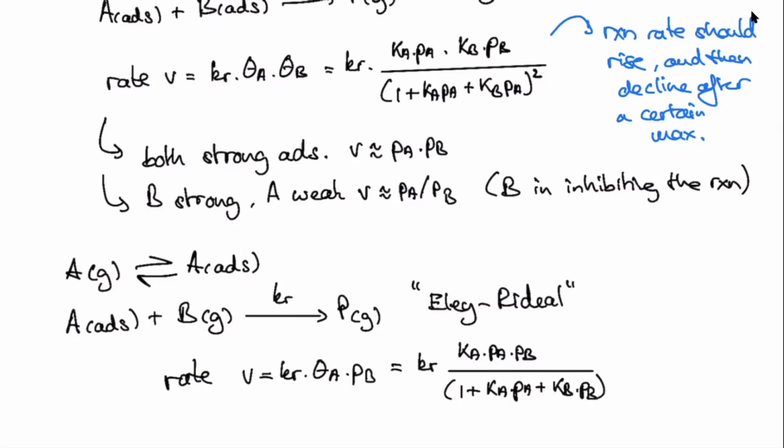Right, and in this equation, the reaction rate rises monotonically. Right, so it doesn't decrease if you increase both coverage of A or the pressure of B. It can never go down, so you cannot have one of the species inhibiting the surface.